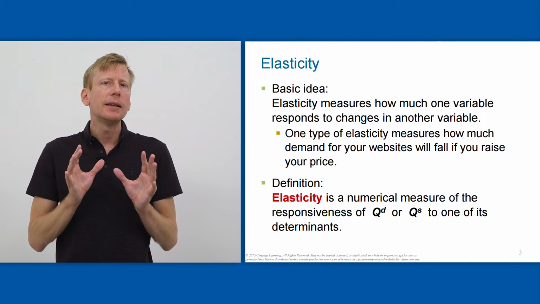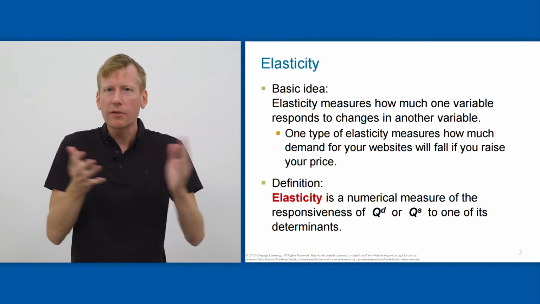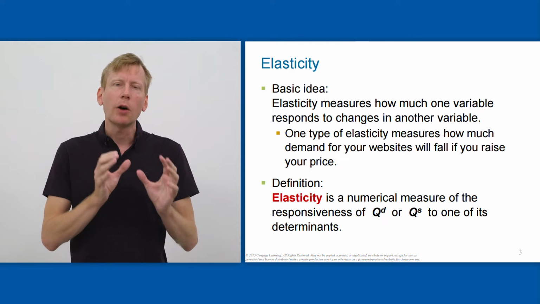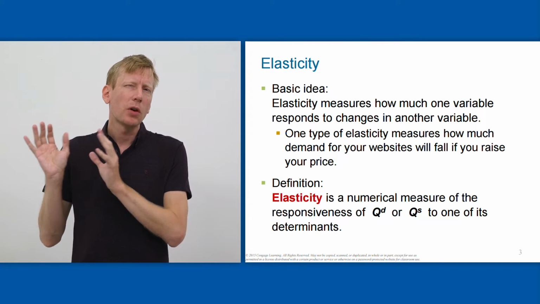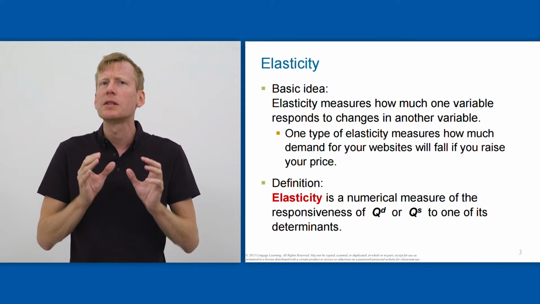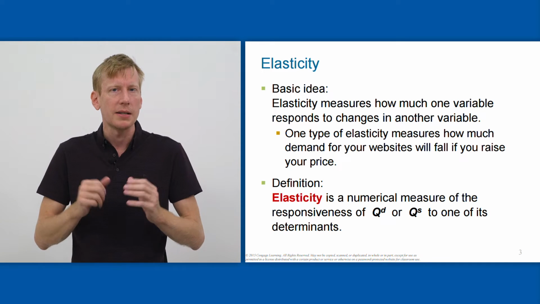Now, the basic idea of elasticity is simply that it is a measure, one of many potential measures, of how much the quantity demanded or quantity supplied responds to a change in some other variable, one of those determinants of demand or determinants of supply, chiefly price.